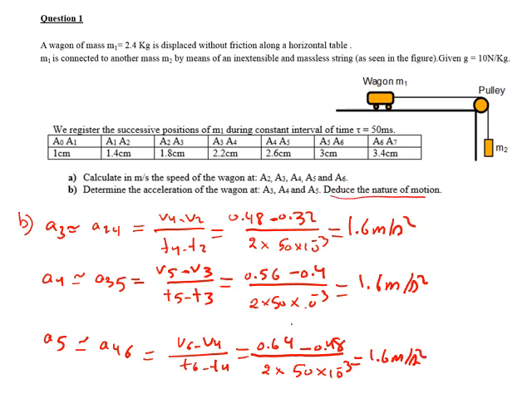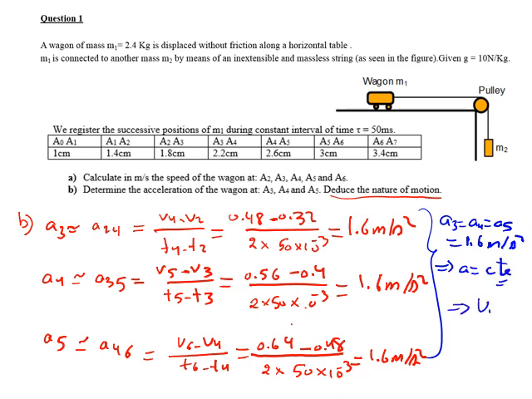Now deduce the nature of the motion. A3 equals A4 equals A5 equals 1.6 meter per second square. So A equals constant, then the motion is uniform accelerated rectilinear motion.